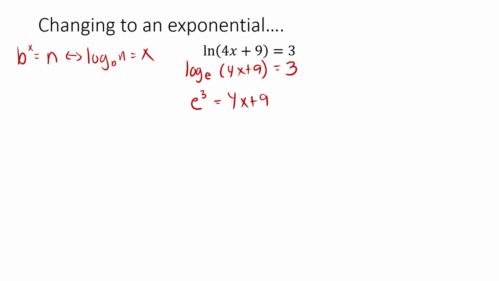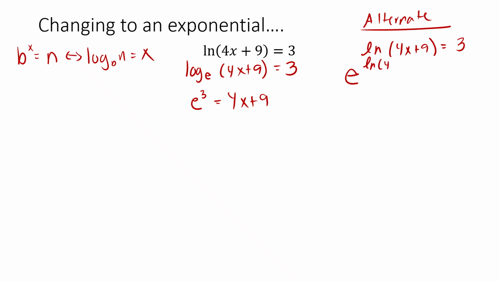Now the other way, so alternate way that you could do this is do what I did on the previous slide, and that's take each side, not raise each side, but take each side and raise it with a base of e, and then recognize that the e and the natural log cancel each other out, leaving you with 4x plus 9 equals e to the third.